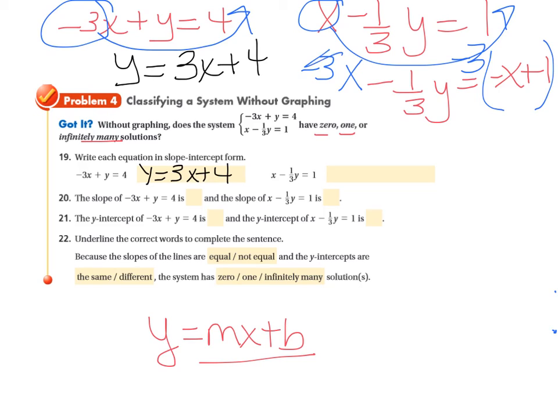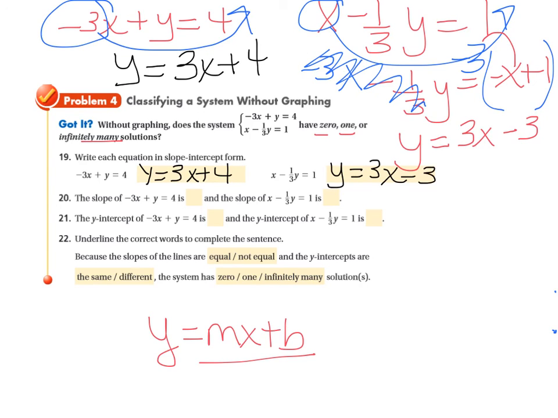My -3 causes this to cancel out, and I'm left with just y. And I'm going to distribute my -3. -3 times -x is a positive 3x, and -3 times 1 is a -3. So my other equation in slope-intercept form is y equals 3x minus 3.